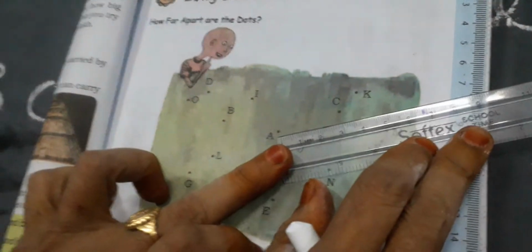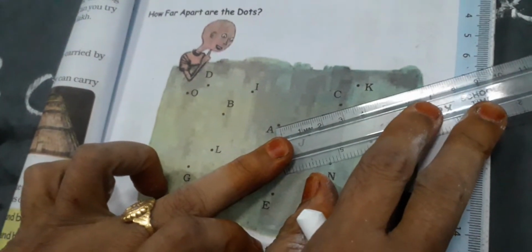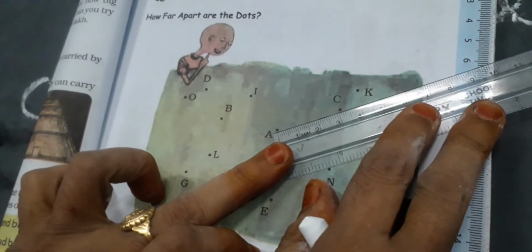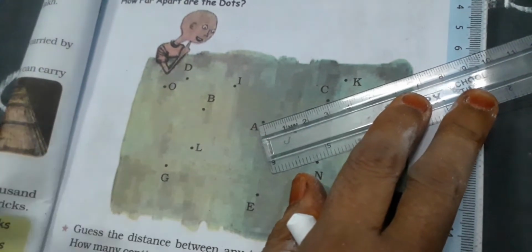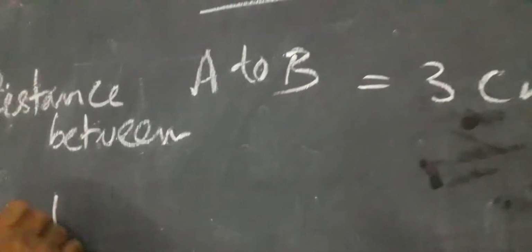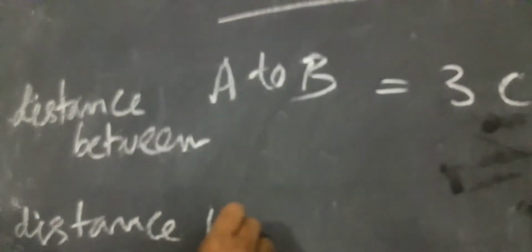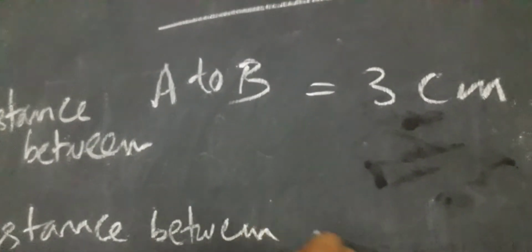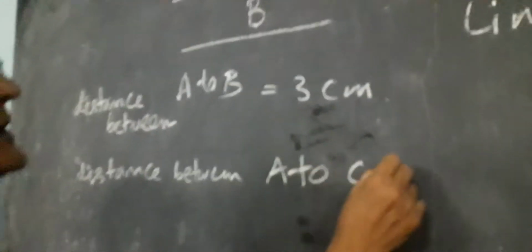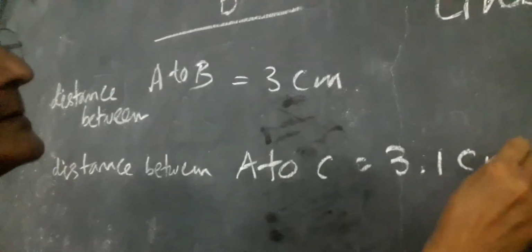Then another, that is A to C. Then you measure the two dots A and C. How much is there? This is 3.1. That is the distance between A to C, 3.1 centimeter.